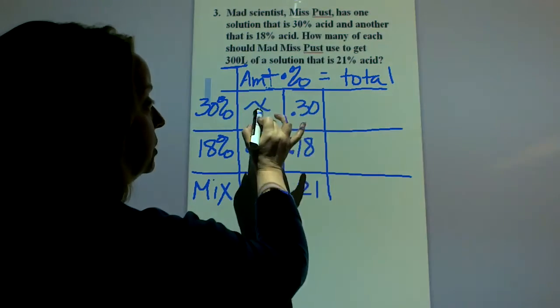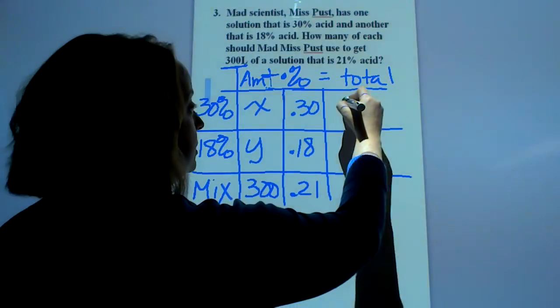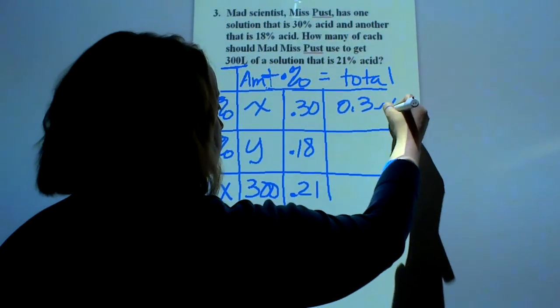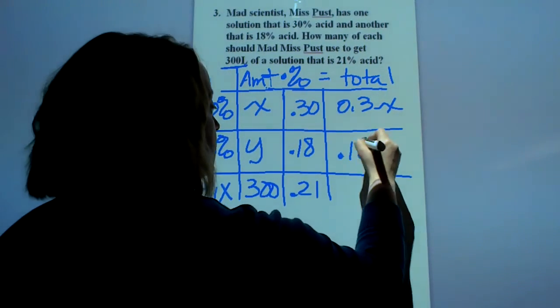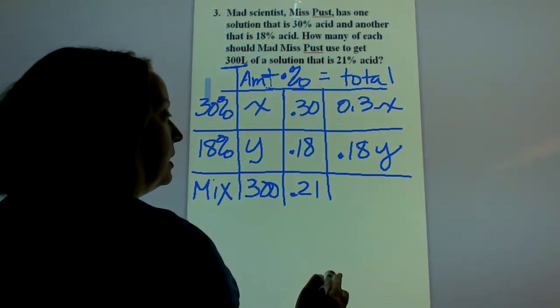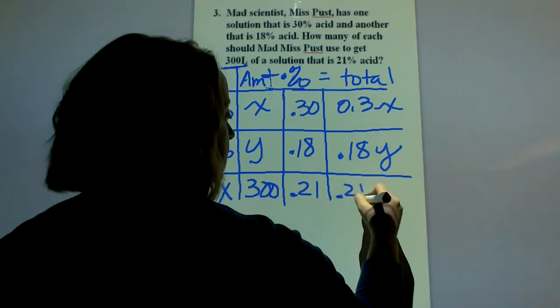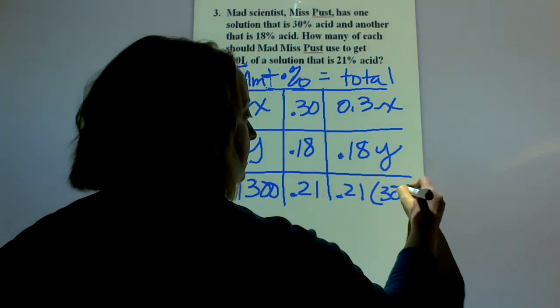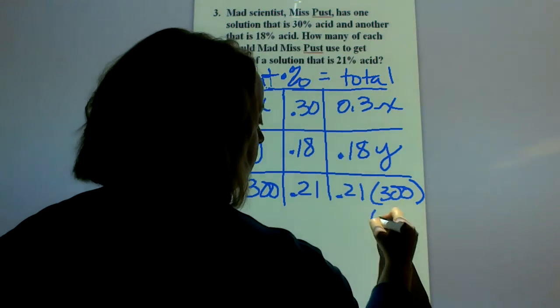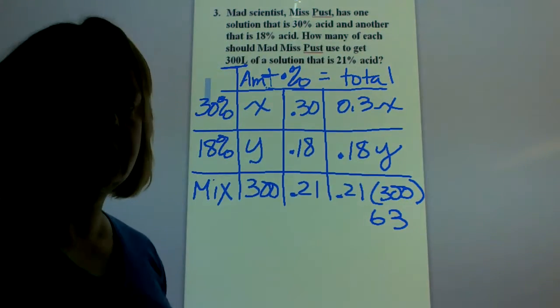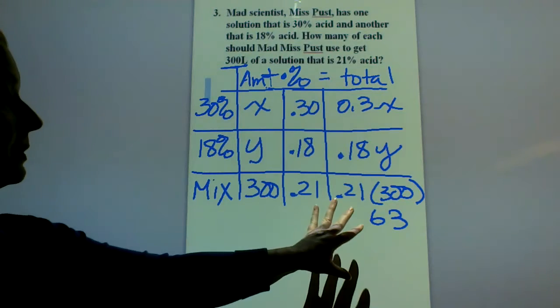So for the total, I'm just going to multiply these, so I get 0.3x, 0.18y, and then the mix will be 0.21 times 300, which is going to equal 63 here. So that's how you set up the table.